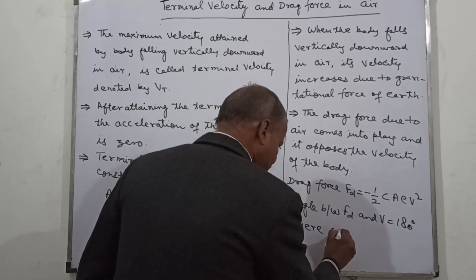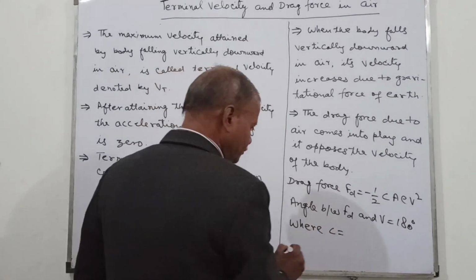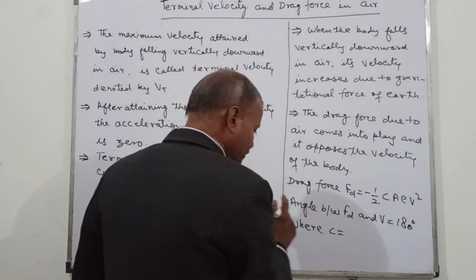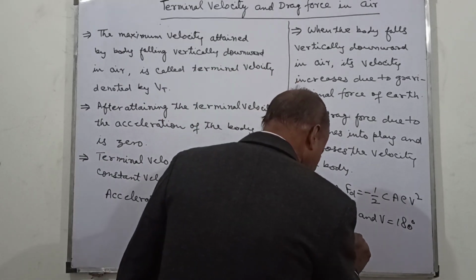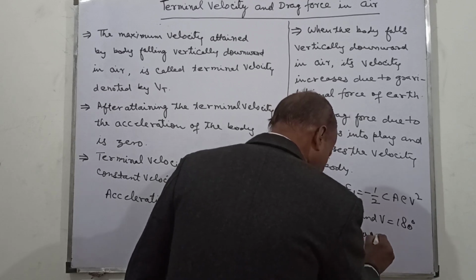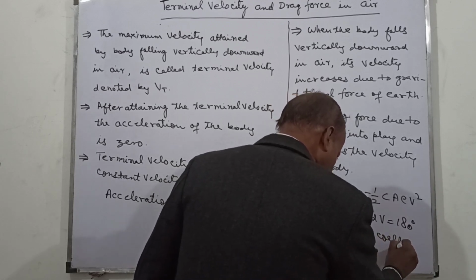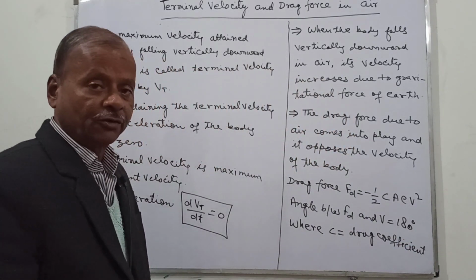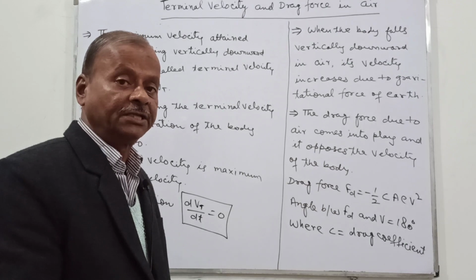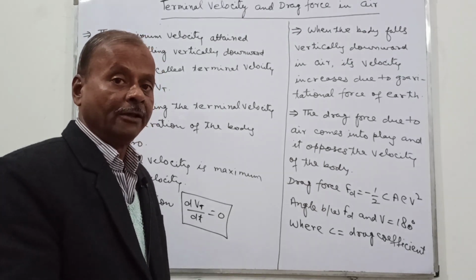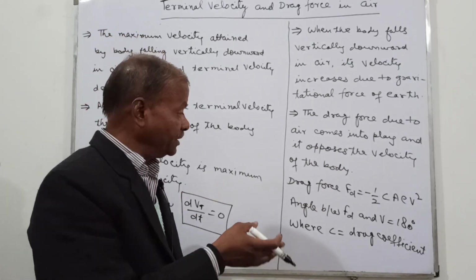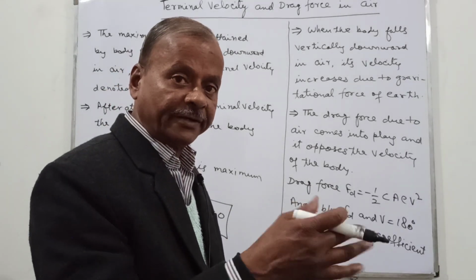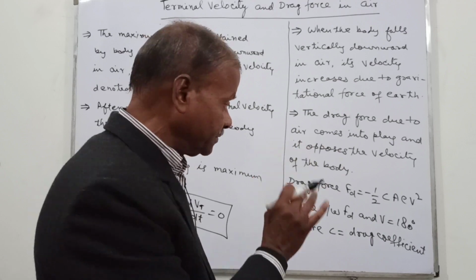Where C is the drag coefficient, and this drag coefficient is different for different bodies. It depends upon the shape of the body. For a spherical body, this C is approximately 0.45. For different bodies, the value of C is different.